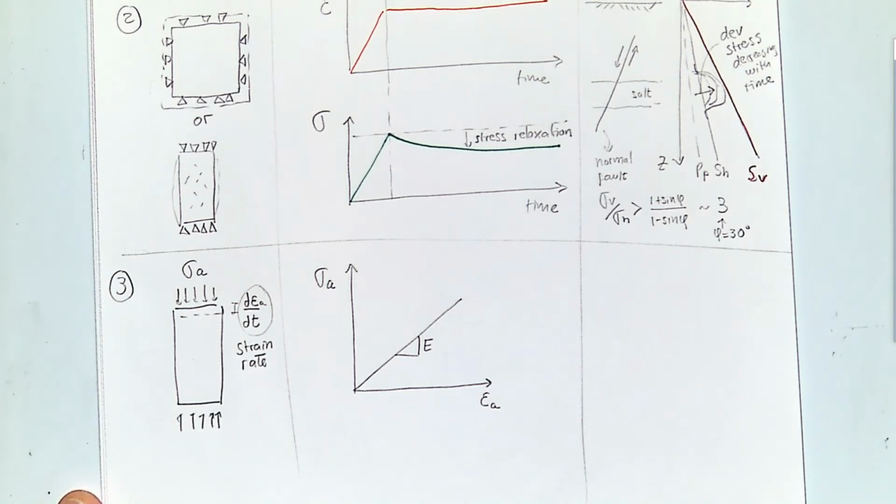Which test is going to have a higher Young modulus? One which is performed very quickly, or another one which is performed slowly? Which one is highest?